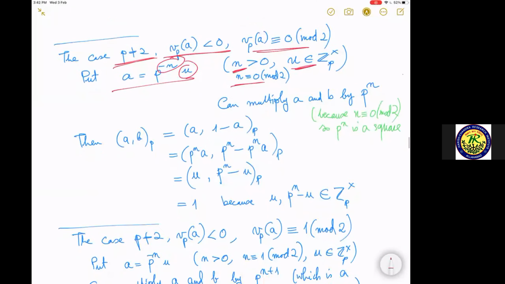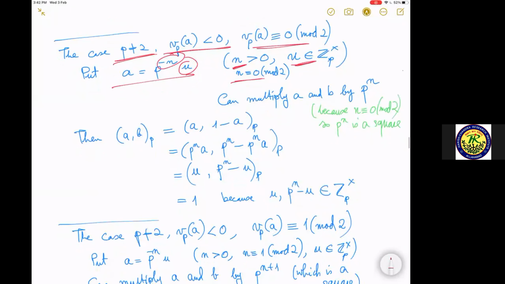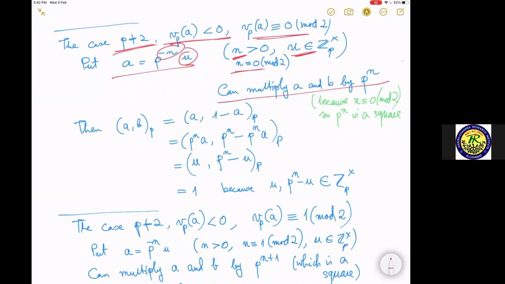Then I can multiply A and B by p to the n, which is a square because n is even. And I don't change the value of the Hilbert symbol if I multiply any of the arguments by a square.